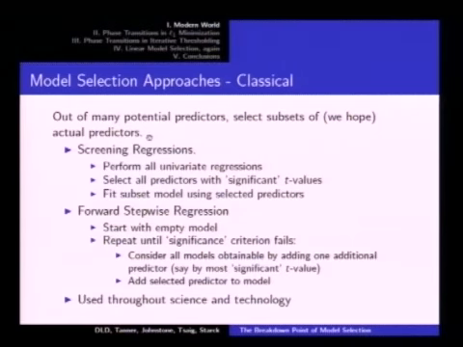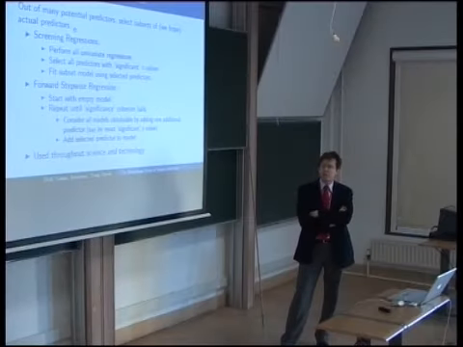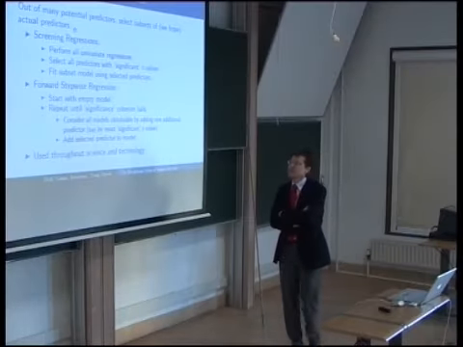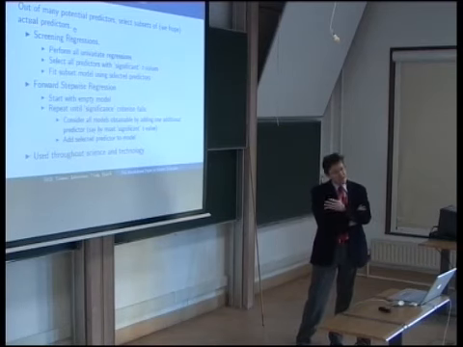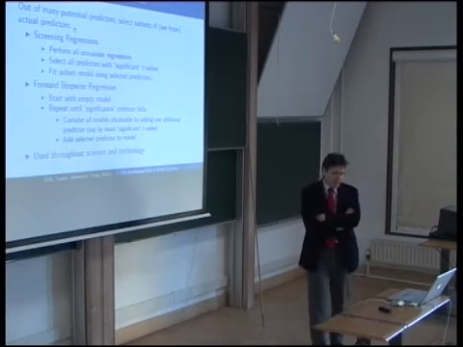You perform all univariate regressions. You regress the response on every individual predictor, and then just look for the individual predictors that by themselves have significant t-values, where significance has to be thought of carefully since you're doing a lot of different tests. And then you fit a subset model using the selected predictors at that stage.